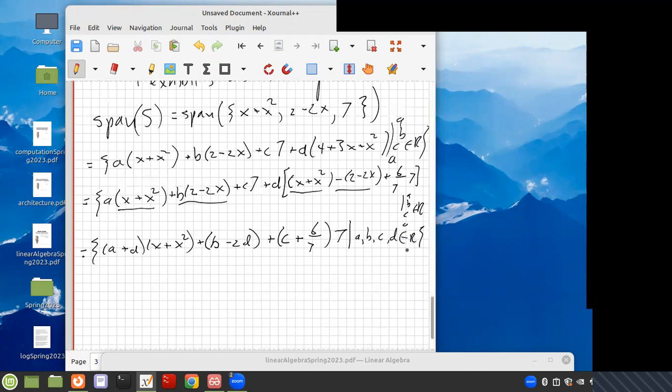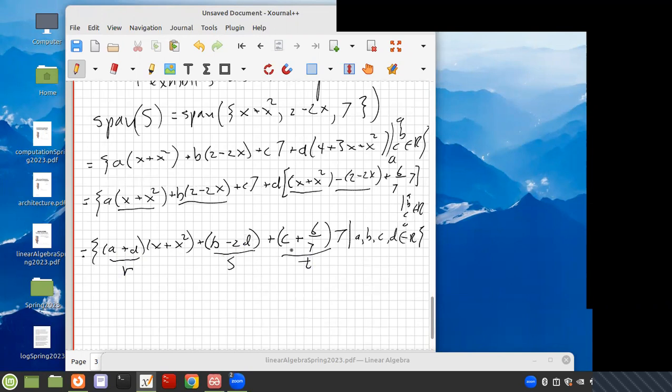Now, if I wanted to, I could say, well, I'm going to call this R, call this S, and call this T, right? And so if I'm given R, S, and T, in here D is still a free variable.